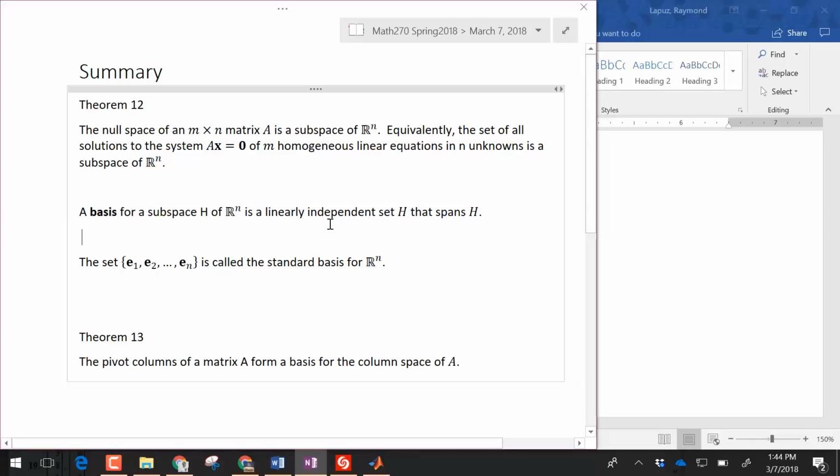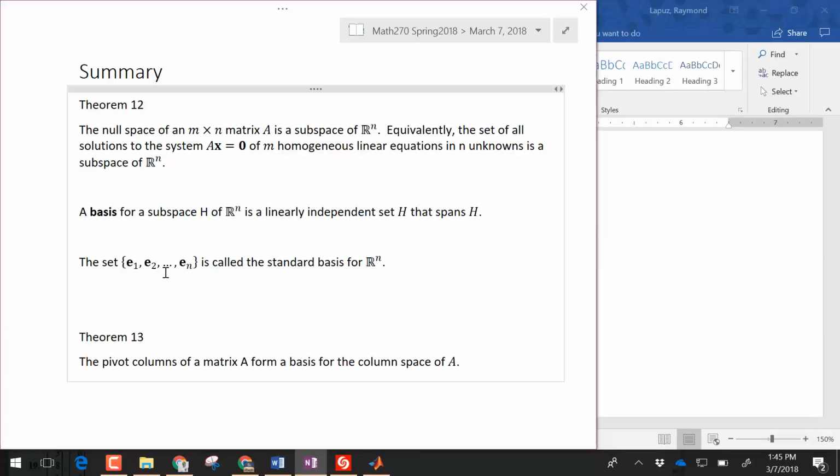So when we're dealing with spaces and subspaces and vector spaces, we want to know this thing called a basis. A basis for a subspace is a set of linearly independent vectors that span the space that you're talking about. Now, in the case of Rn, R2, you have the i, j vectors. R3, you have the i, j, k vectors.